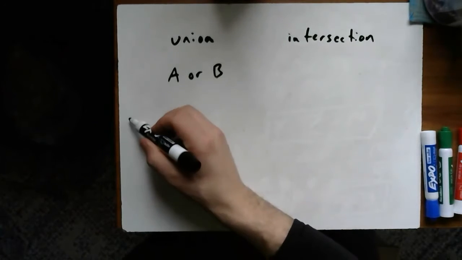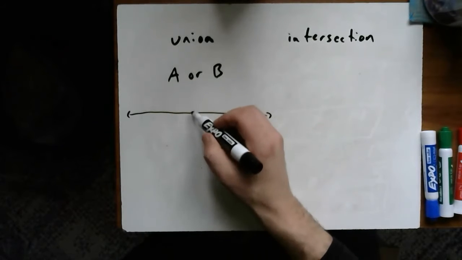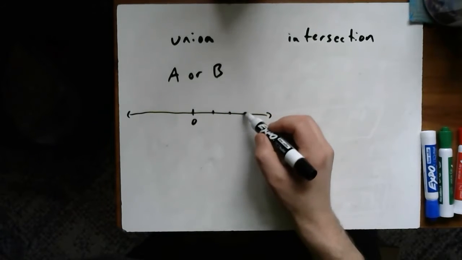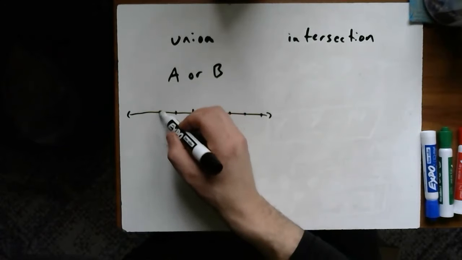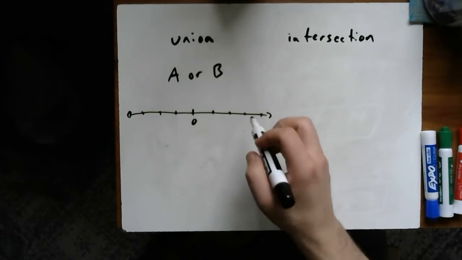Now, in reference to the solution of an inequality, the solution for an inequality is always on that number line. I'm going to draw out a simple number line here. We don't need numbers yet.